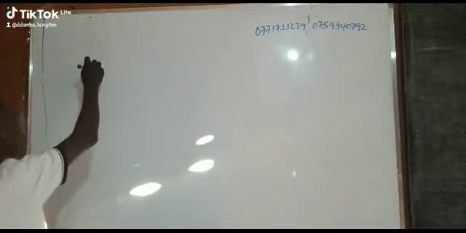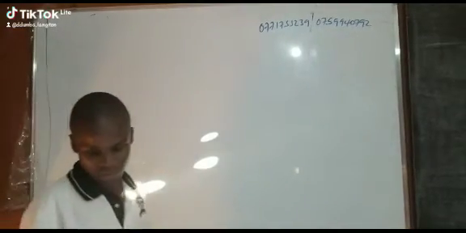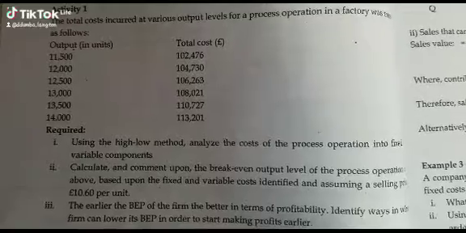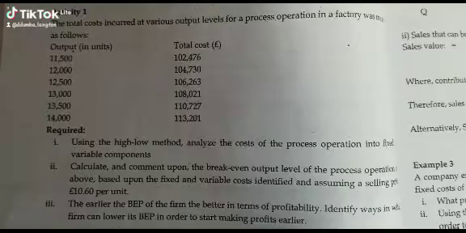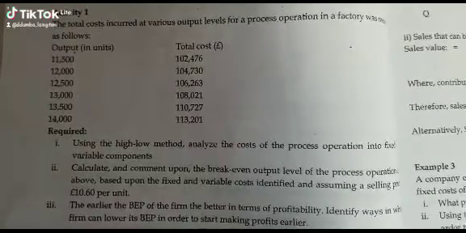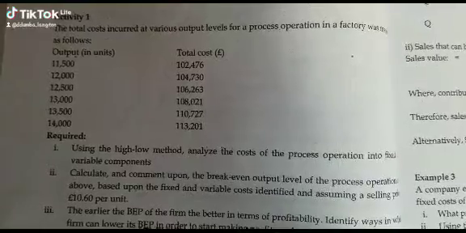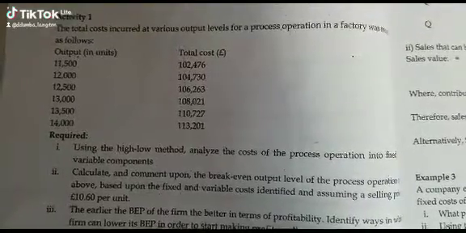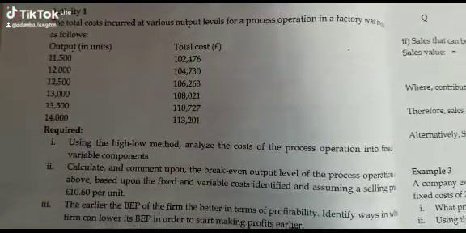So we are here, doing a practical question. Let's go straight to it. High-low method. The question says the total costs incurred at various levels of output of a production are as follows. We have the output and the total costs. At 1,500, you see the costs.